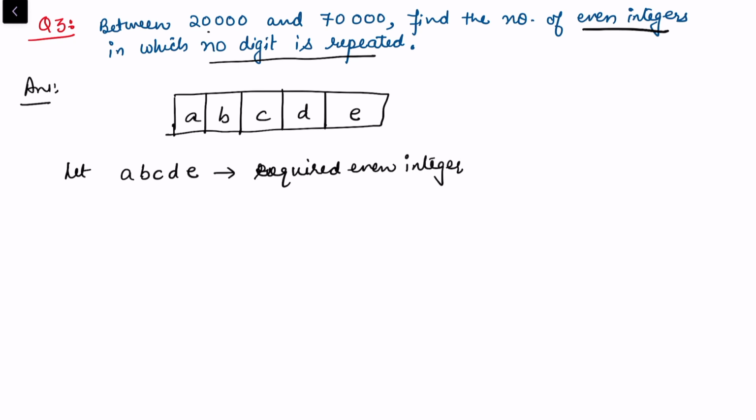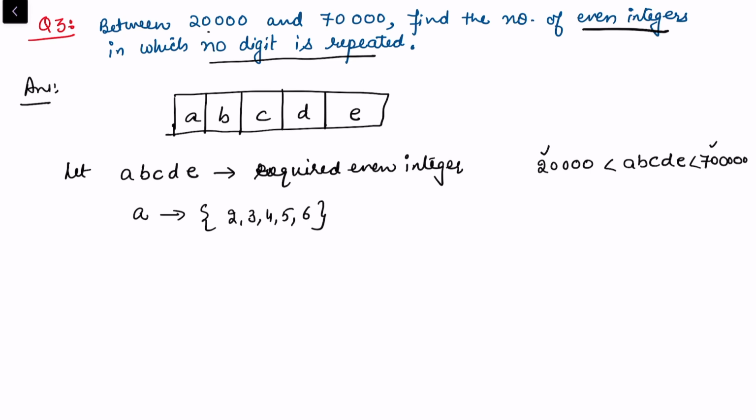Because this is an even integer, we note that A can be chosen from 2, 3, 4, 5, 6. First of all, because the number ABCDE lies between 20,000 and 70,000, the possible choices for A are between 2, 3, 4, 5, 6 only.